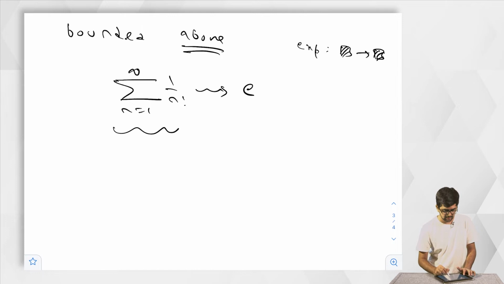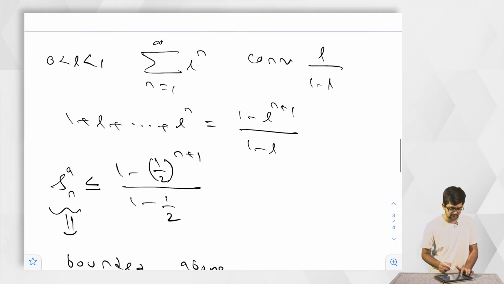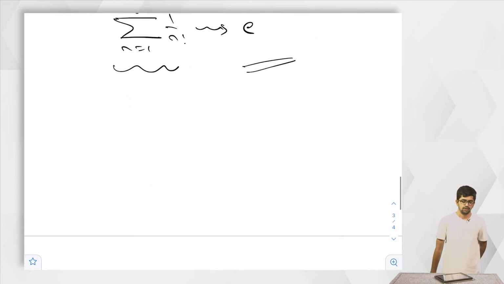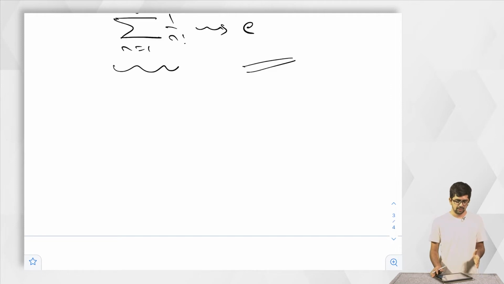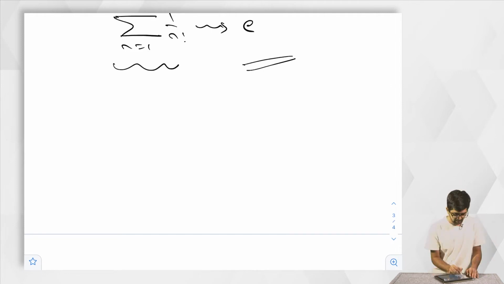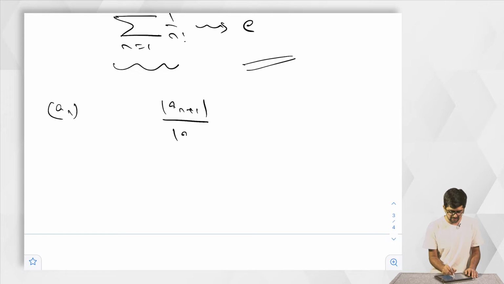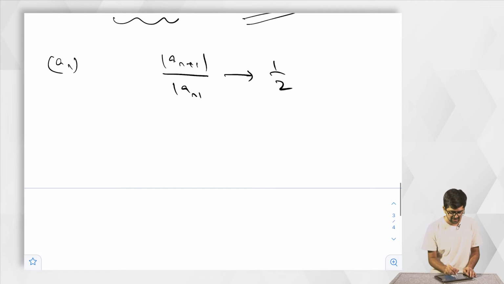Now, this is one example that I wanted to do. Now again let us go back to the results about limits of some sequences, and let us try to imitate the same thing here. In the mid-semester exam I asked one question: suppose a_n is a sequence of real numbers such that mod a_(n+1) by mod a_n goes to half, then check that a_n is converging to 0.